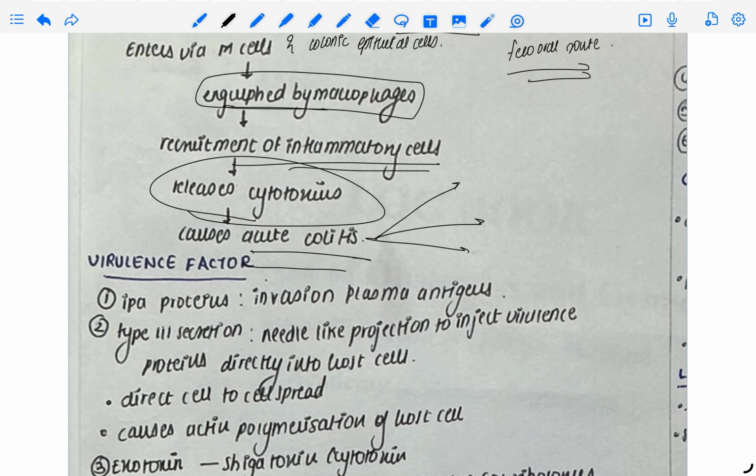What are the features of acute colitis? Acute colitis will mainly cause inflammation, ulceration, and microabscesses.